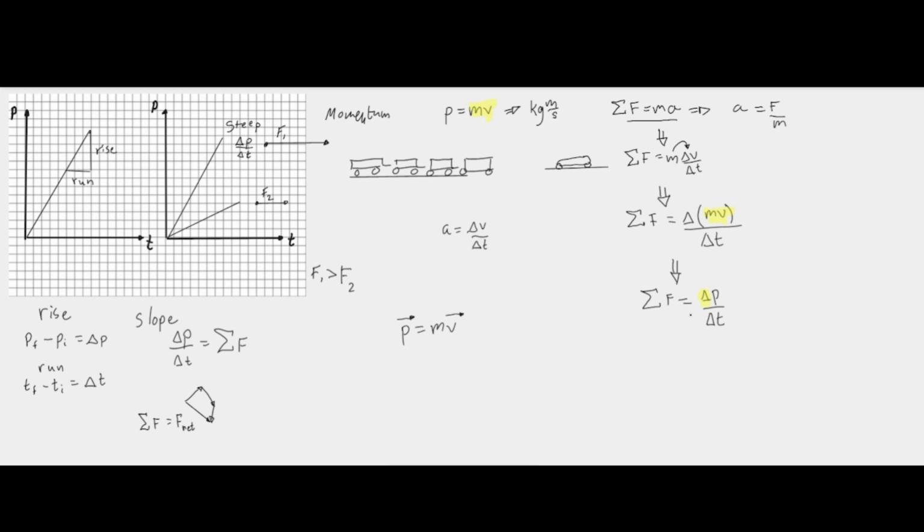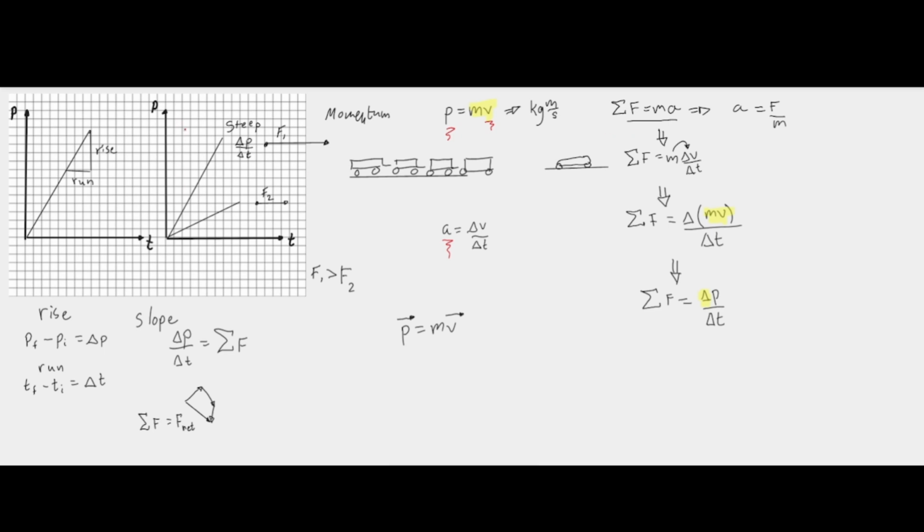Again, the change in momentum with respect to time results in some force. Because if the momentum's changing, then the velocity must be changing, because we know the mass is staying the same. If the velocity is changing, we know that by definition that's acceleration. So therefore, there must be some net force acting on an object.